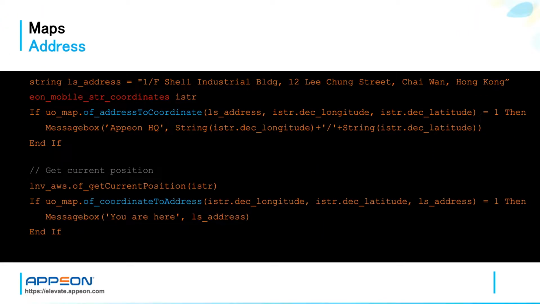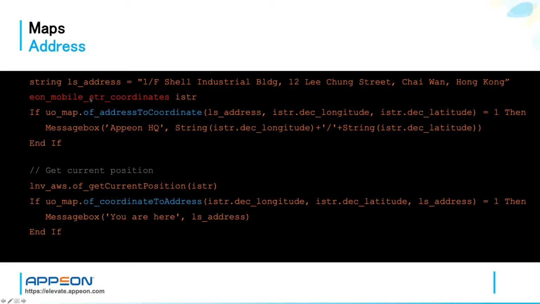And how to get an address? Let's say you have some coordinates, some latitude and longitude. It's always very useful in mobile applications to provide the corresponding address, or from an address, just convert it into latitude and longitude in order to move immediately to that address.